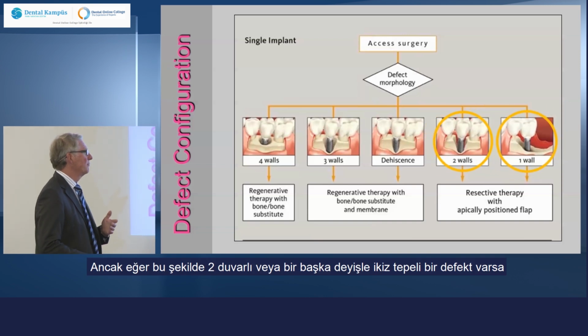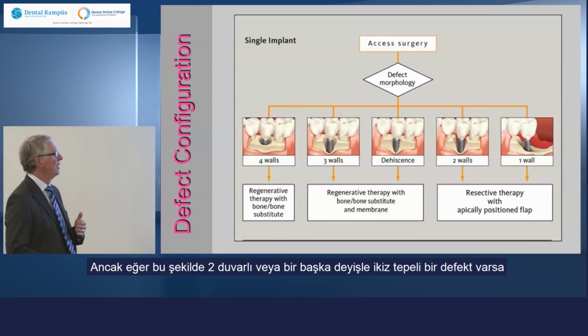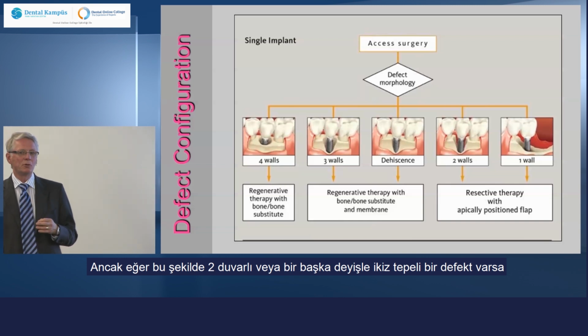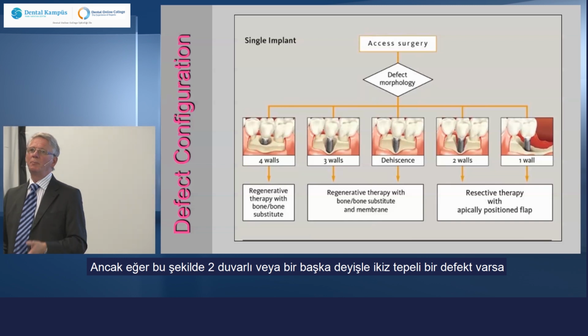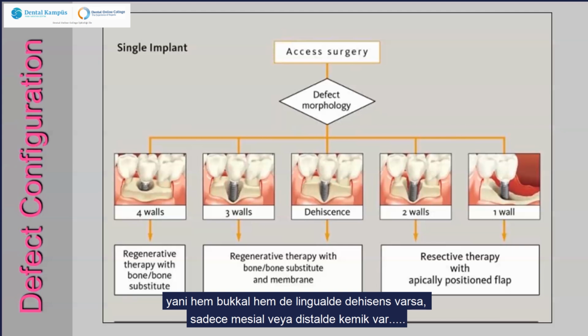If we have those type of clinical situations that we would say is a two-wall defect, or twin peaks, as you can also maybe say, where you have adhesions both on the buccal and then on the lingual side, you have only walls on the mesial and distal.